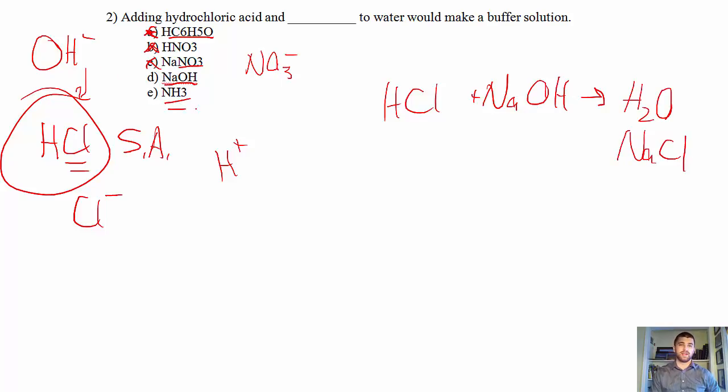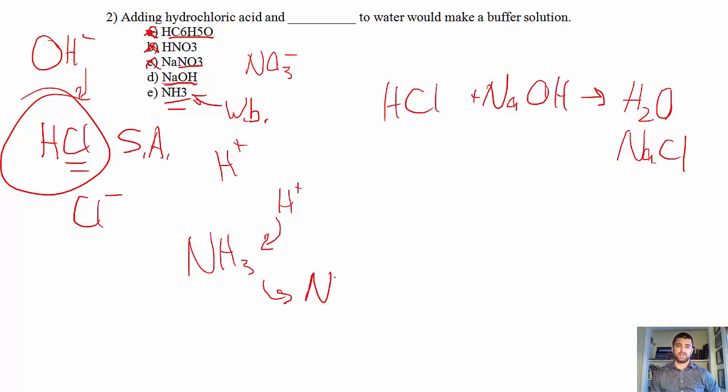But we do know that NH3 is a weak base, right? So if we add H plus to it, it's going to take it up to make NH4 plus, the ammonium ion. And then we have the HCl, which is going to resist the change from the OH minus to give us water and whatever salt. So the best answer here would be choice E.